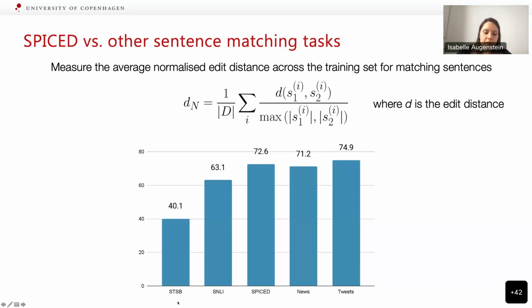For semantic textual similarity, the average normalized edit distance is much lower, which means that the two sentences are much more similar, whereas for SPICED, they're much more dissimilar, almost twice as dissimilar. The average edit distance is almost twice as high.